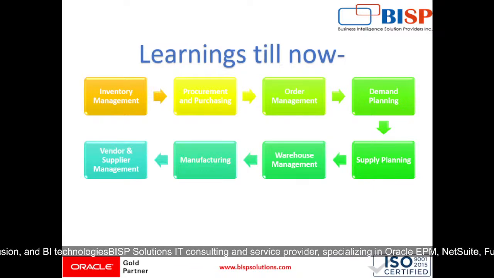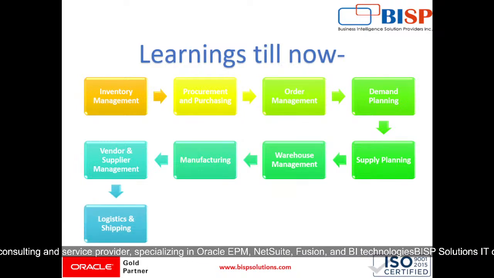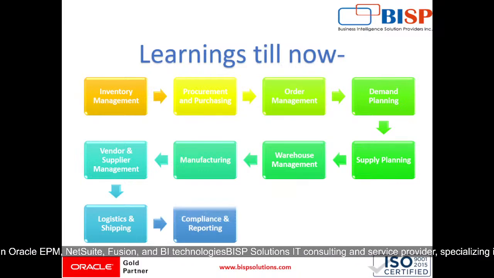And then we discussed vendor and supplier management today, which evaluates vendors with scorecards, manages contracts, and handles RFQs. Then comes logistics and shipping, where it integrates with carriers, manages freight, and applies automated shipping rules. Lastly, we discussed compliance and reporting, ensuring regulatory adherence with audit trails, compliance reports, and custom reporting.